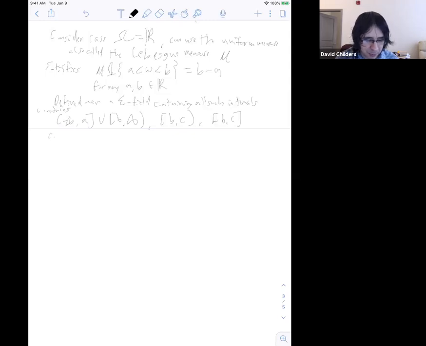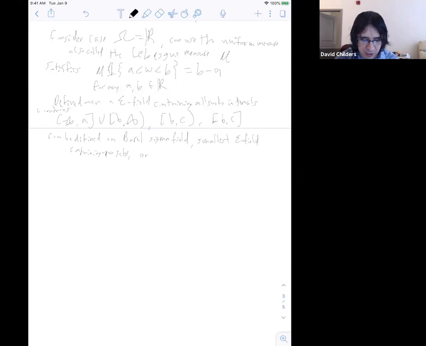So there are some technicalities. The measure can be defined on the Borel sigma field, which is the smallest sigma field containing all of these open sets.